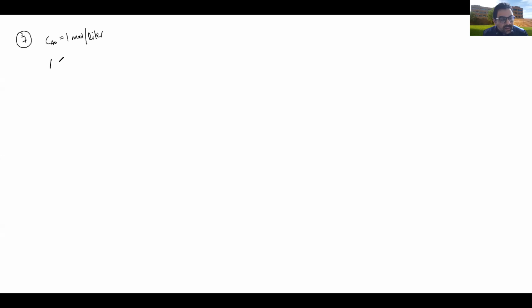You're told that A goes to R, and you're given some data for T versus CA. So for part A, you're told that CA naught is equal to 500 mole per meter cubed. Find the conversion, so find XA when T is equal to 5 hours.